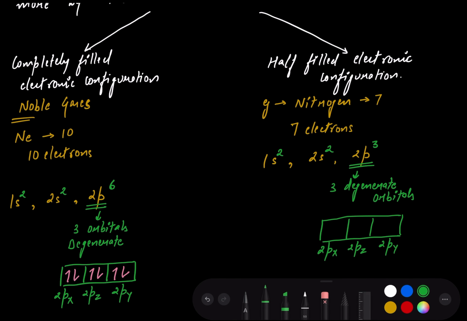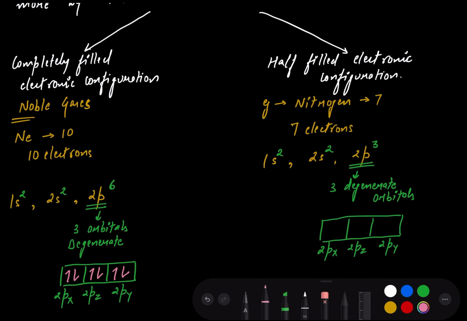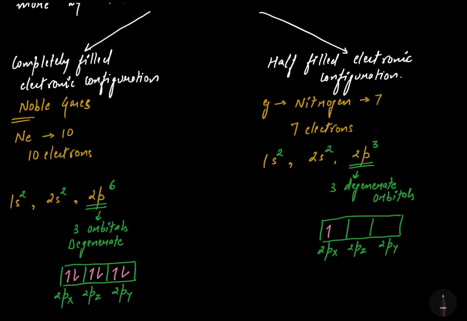So now let's fill 3 electrons according to Hund's rule. So the first electron is in 2px. The second electron will occupy 2pz according to Hund's rule, and then the third one will be in 2py. So we got the 3 electrons in different orbitals with the least inter-electronic repulsive forces.